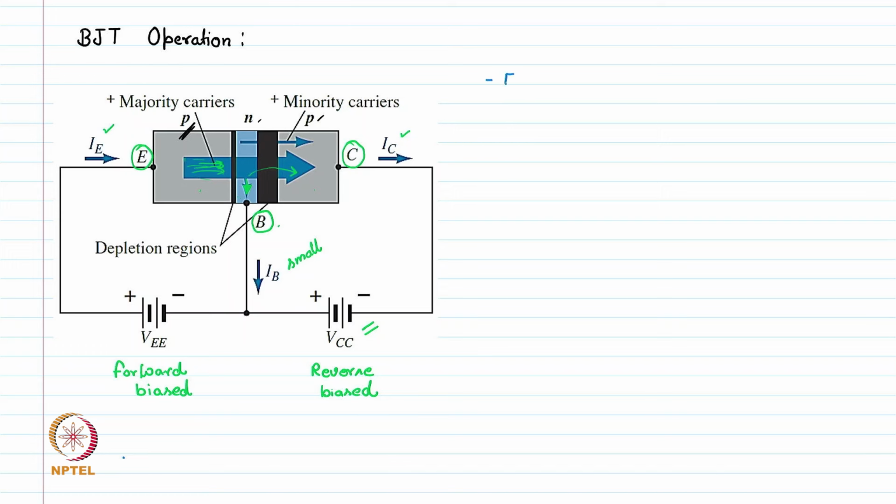The first one is: emitter base junction is forward biased and collector base junction is reverse biased.